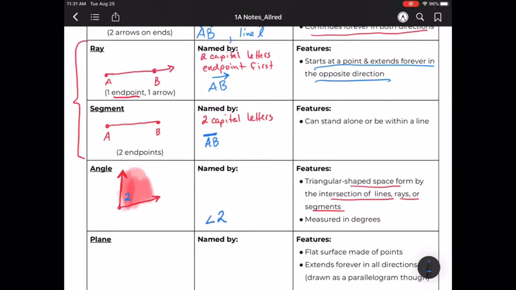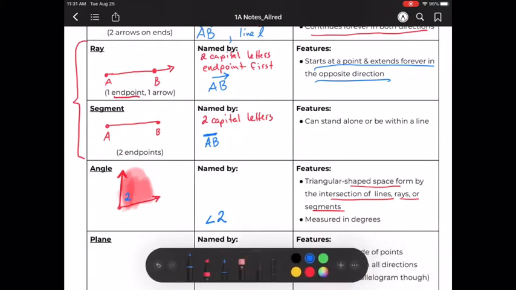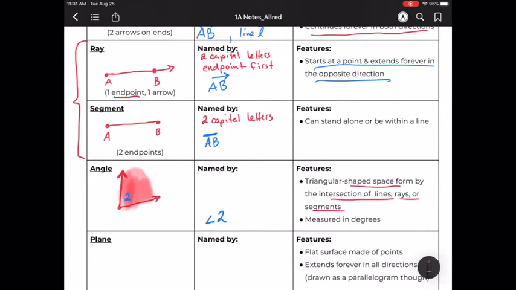If it does not have a number, though, there's a more formal way of identifying and naming an angle. And that is using 3 capital letters. Okay? And so we have to have the points to identify those capital letters.